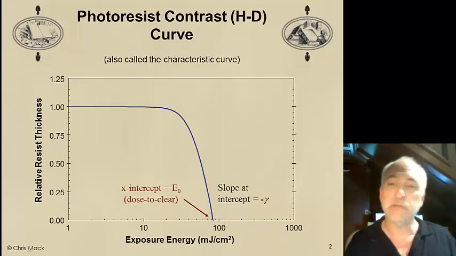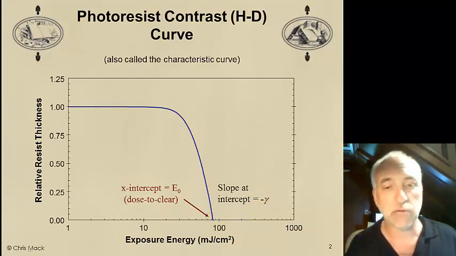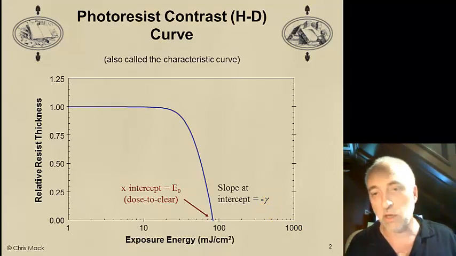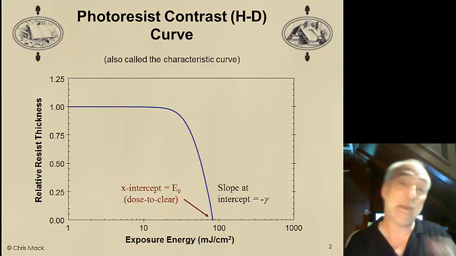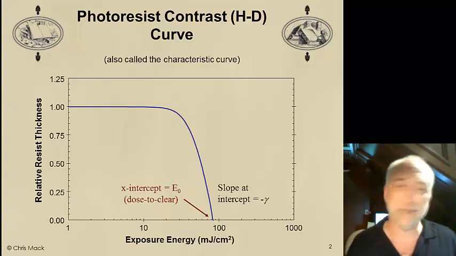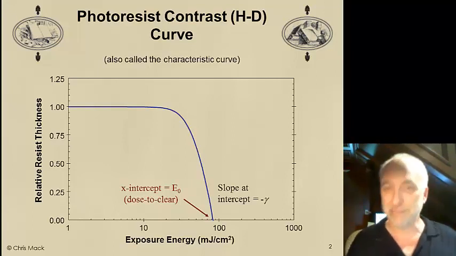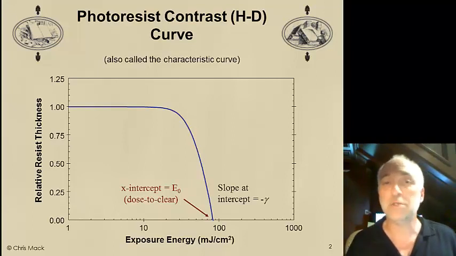Gamma is a letter in the Greek alphabet that we use to represent this slope. We call it the photoresist contrast. Gamma, in fact, is the letter that Herter and Driffield used in their original 1890 paper, and we continue in that tradition to use the same letter to represent the slope.